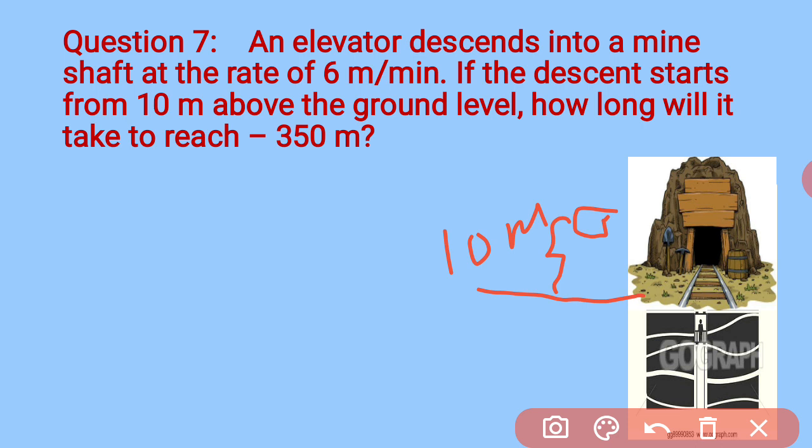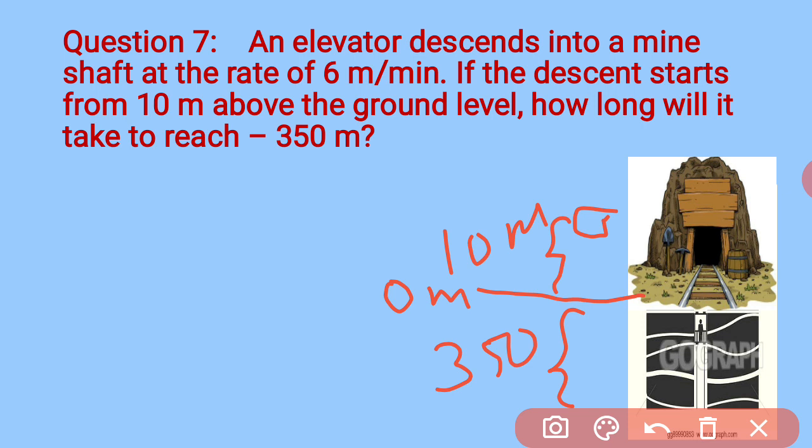How long will it take to reach -350 meters? So this -350 meters is below the ground, so it is written with a minus sign. Ground level will be considered as 0 meters. Above the ground it is positive. Below the ground it is negative. That is why above the ground it is 10 meters, below the ground -350 meters.